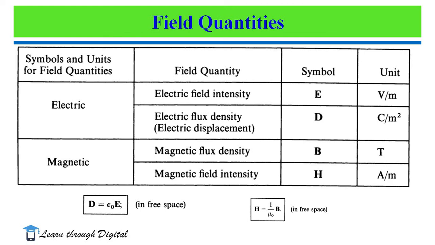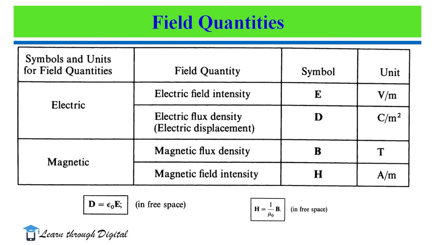For electric flux density, D vector, the unit is coulomb per meter square. Similarly, magnetic flux density is B vector, and the unit is Tesla or Weber per meter square. Another quantity is magnetic field intensity, H vector, in ampere per meter.